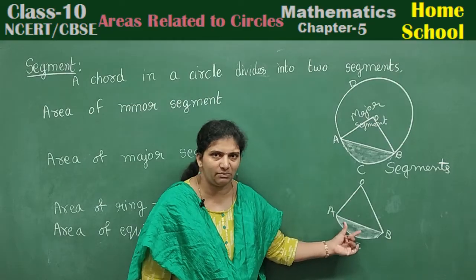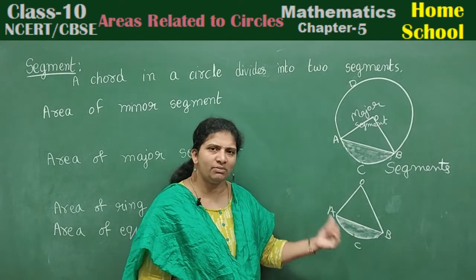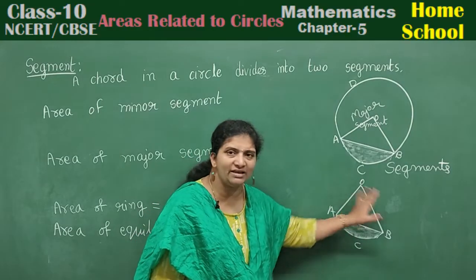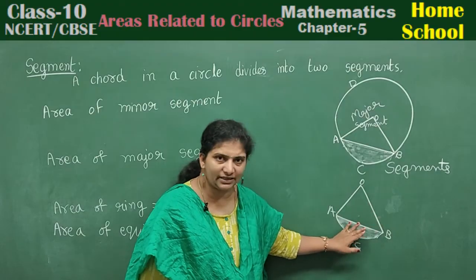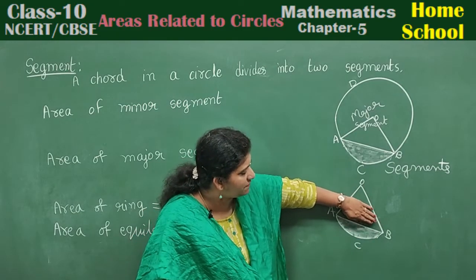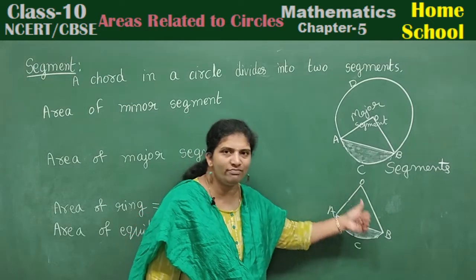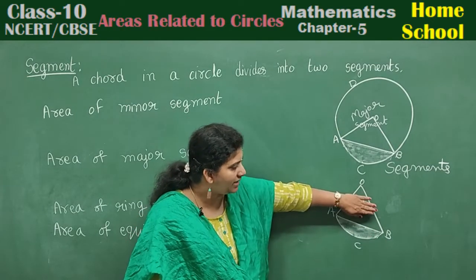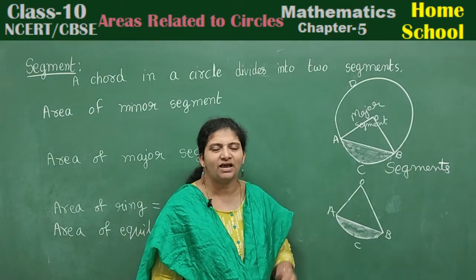How can we get this area? If I am able to find the complete area of the minor sector minus this piece, this is in which shape? Triangle. Area of minor sector minus area of triangle will give you the minor segment area.